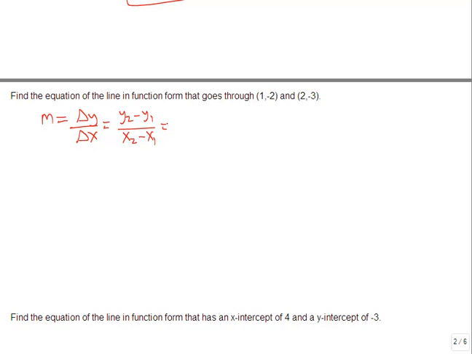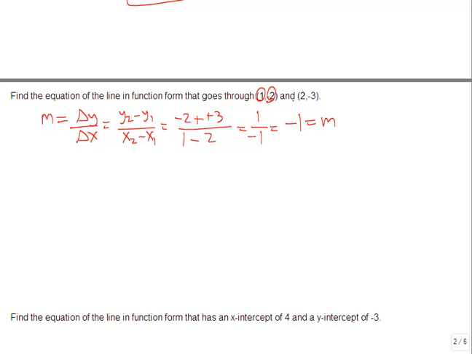So all I have to do is take my two y values and subtract them. I'll start with this -2 and subtract the -3. Since I started with the -2 on top, I need to start with the 1 on the bottom. So 1 minus 2 on the bottom. Now you do get a double negative on top. So -2 plus 3 is 1, and 1 minus 2 is -1. So when I reduce that, that makes my slope -1.